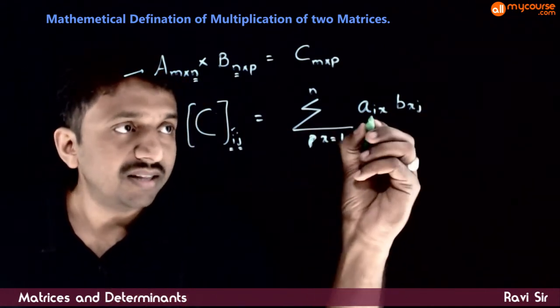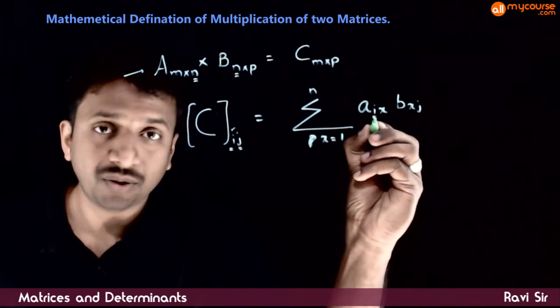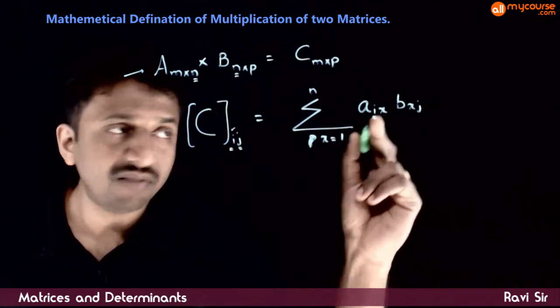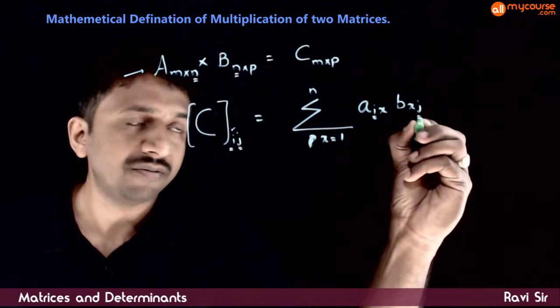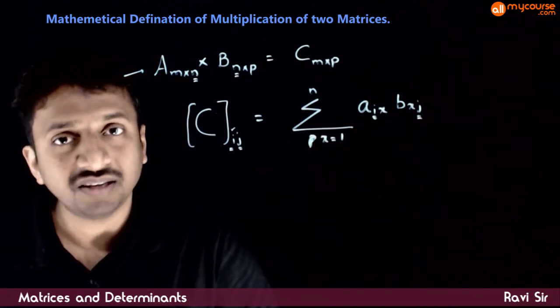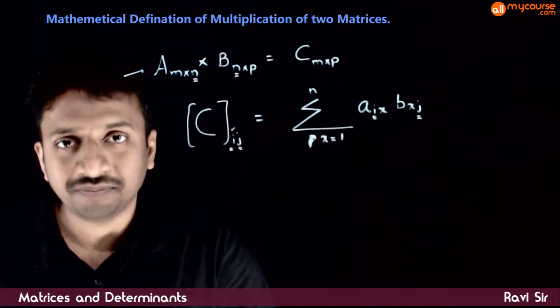The elements of the ith row have to be multiplied with the corresponding elements of the jth column of the matrix B.